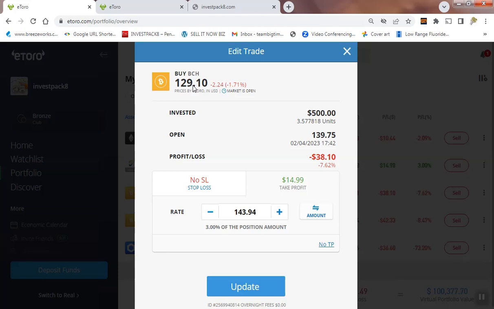When this mirrors 143.94 exactly, then this would sell and it would dump $15 in my account. So you can switch it to amount. It will be over here. So I click this, and there's the amount that matches this.